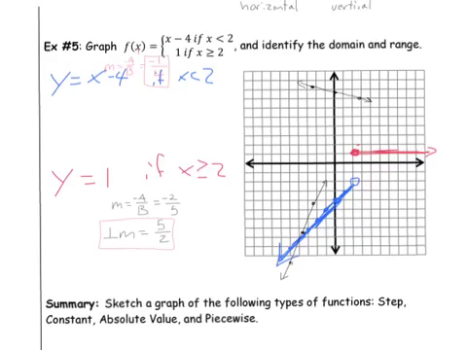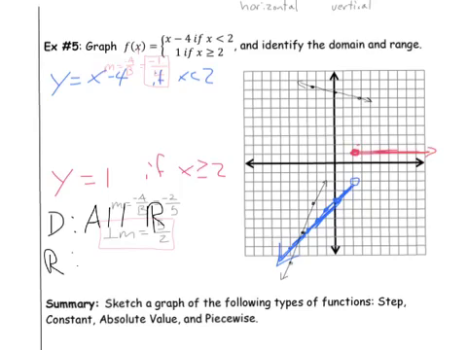There we go. Now if I was to identify the domain and range, let's talk about the domain real quick. Well, is there any x value that I cannot plug in here? No, it looks like it's going to keep going to the right and keep going to the left, and there's no holes or anything like that, so we're just going to say all reals. What about the range?